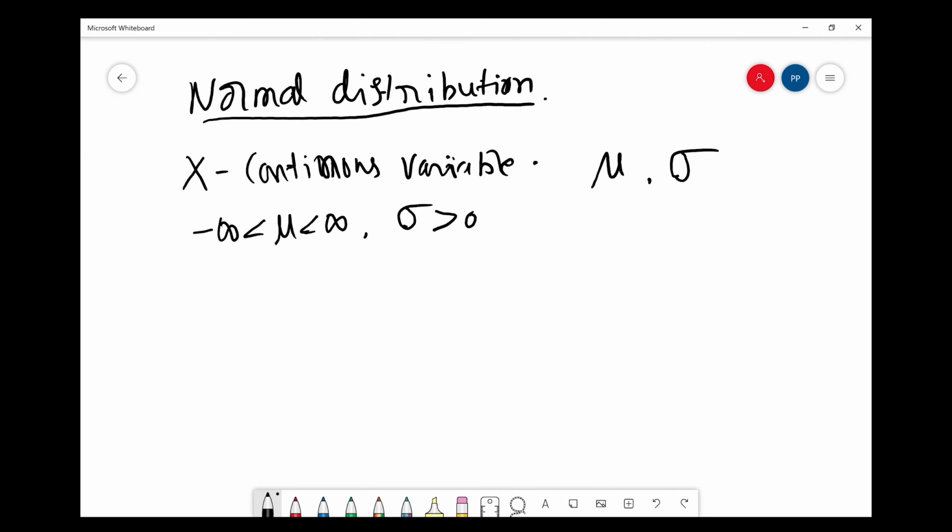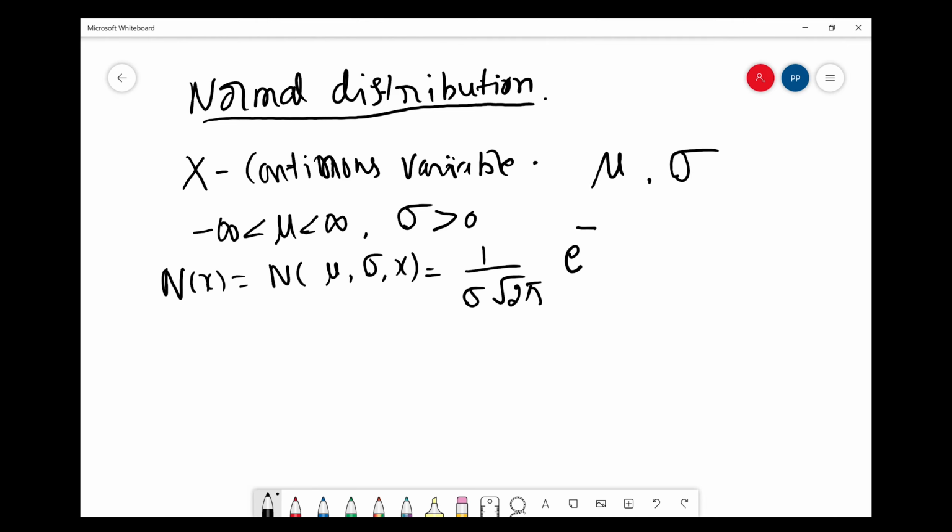If we consider a function in this continuous variable x, denoted as N of x or N of mu, sigma, x, which equals 1 by sigma root 2 pi into e to the power of minus 1 by 2 into (x minus mu by sigma) whole square, where x can take any value from minus infinity to plus infinity.